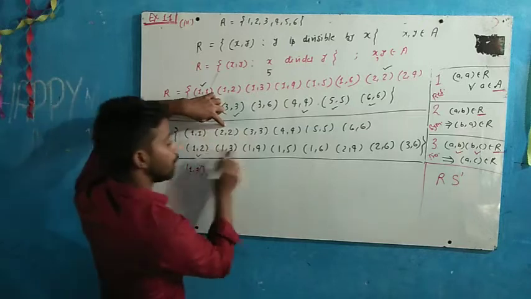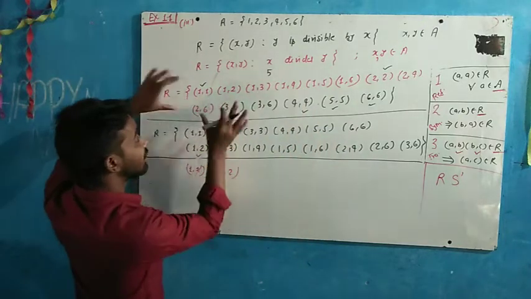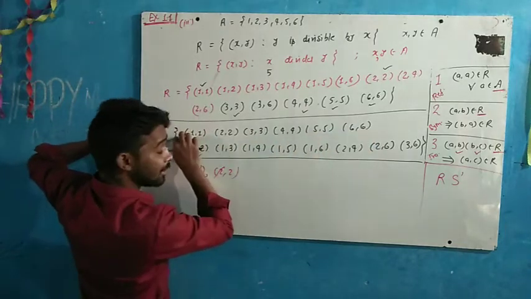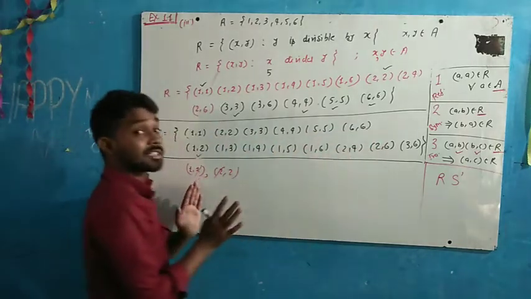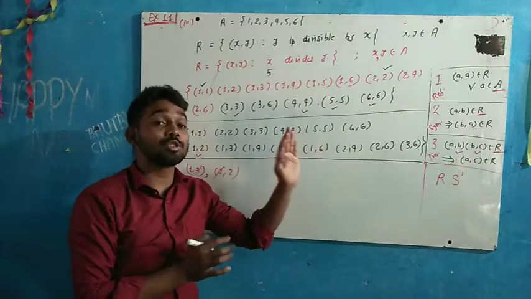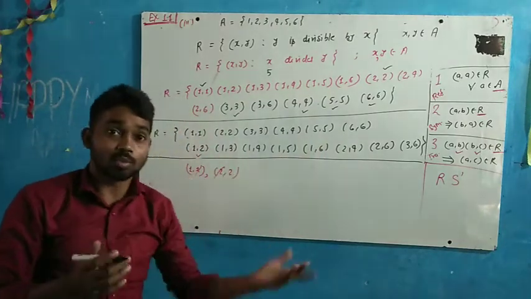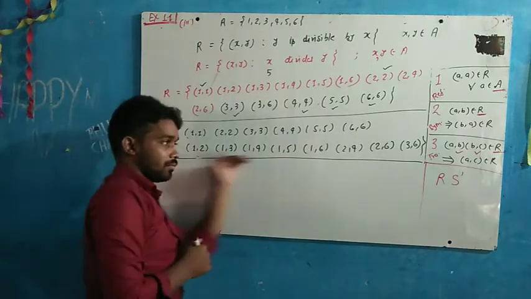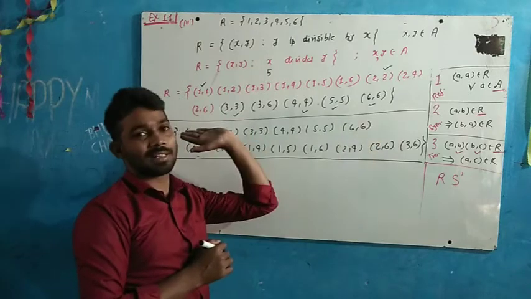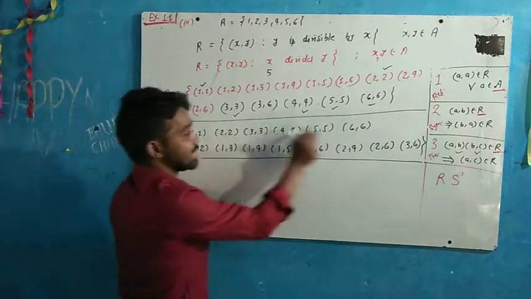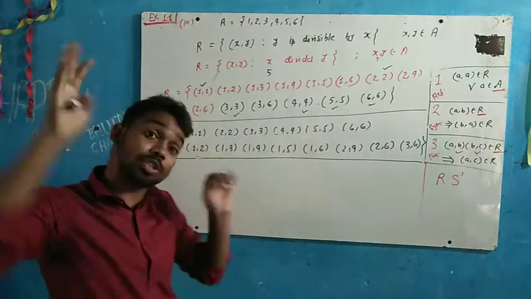You have to go forward. That's why I have written this relation R in this form. Firstly, I have written the doublet elements, then I have written the remaining elements. Due to this reason only, I have written this form, because your process will be very easy. So what I have told: when we are checking the elements, you have to go in the forward direction. No need to go in the backward direction. Get me? It means no need to check these 6 elements. Except these 6, you have to check each and every element.